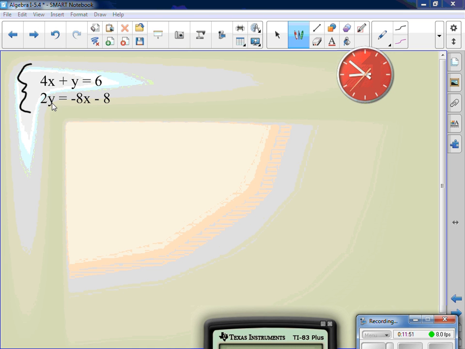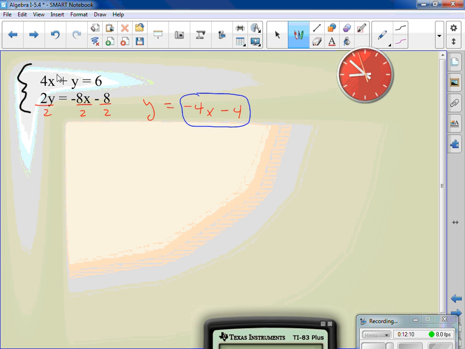Now, if I divide everything here by 2, I have y equals -4x minus 4. With the substitution method, I take this and I substitute in for the y here. I like this one because I don't have to multiply anything. I just take it and replace.